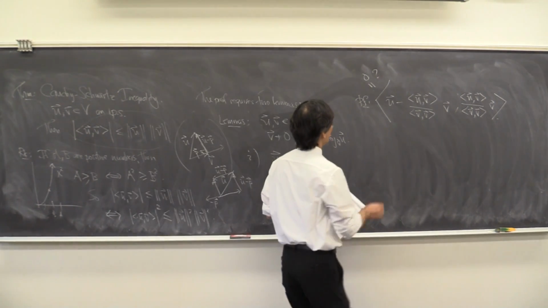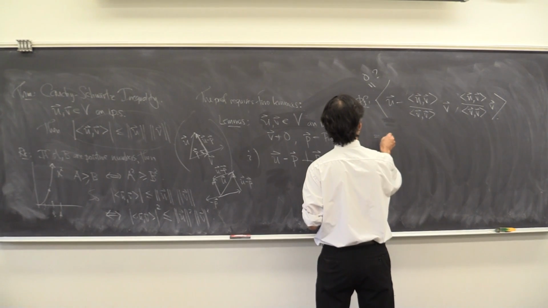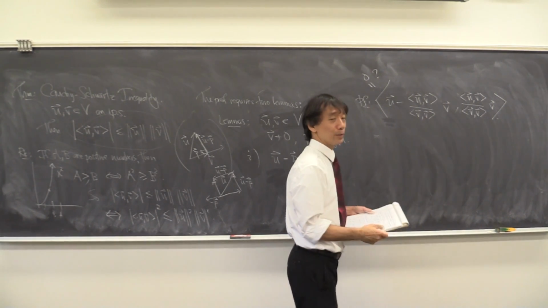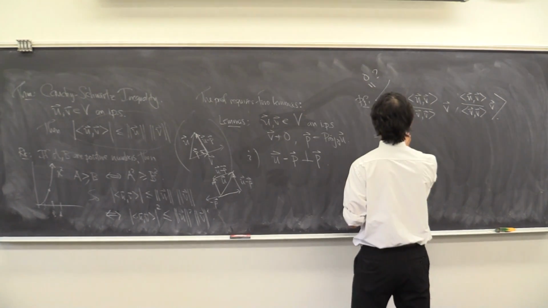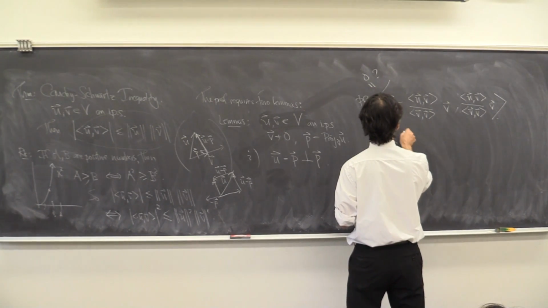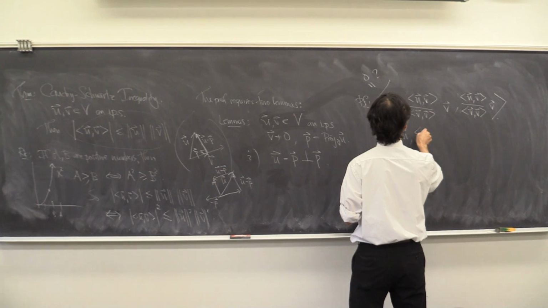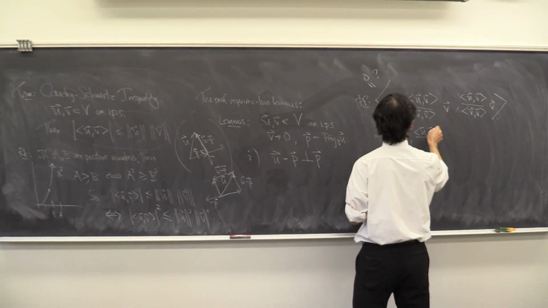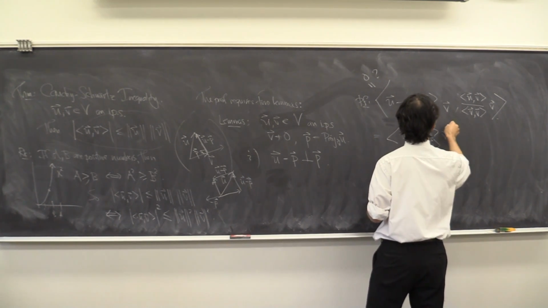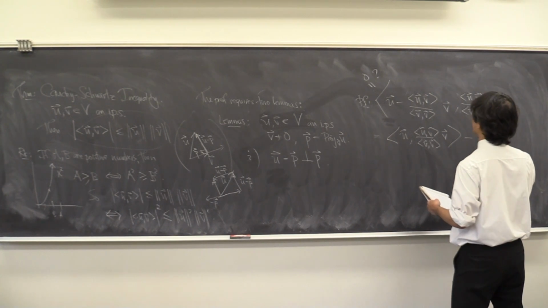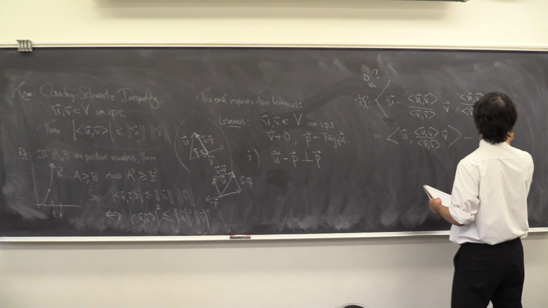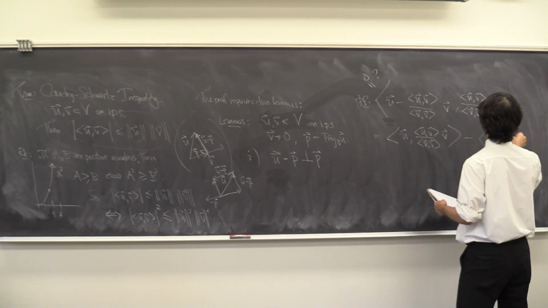This turns out to be just a straightforward calculation. We're going to break this into pieces. This is going to be U against the projection, and then minus the inner product of U with V, over the inner product of V with V, times the inner product of V with V against itself.